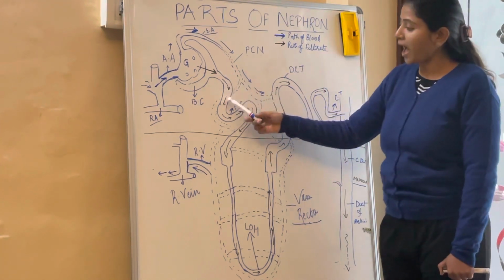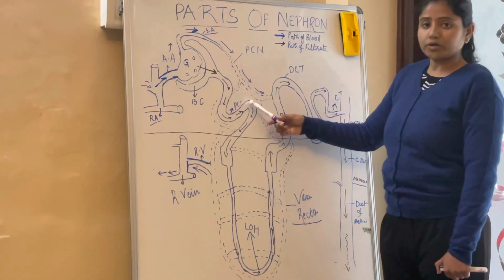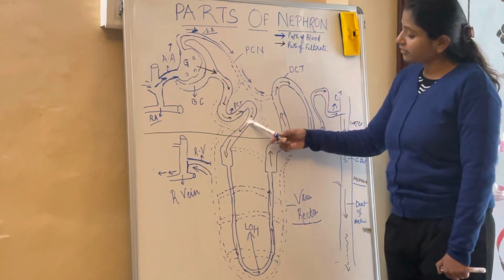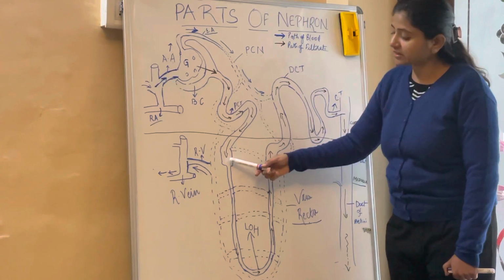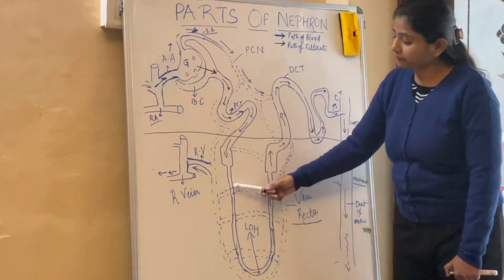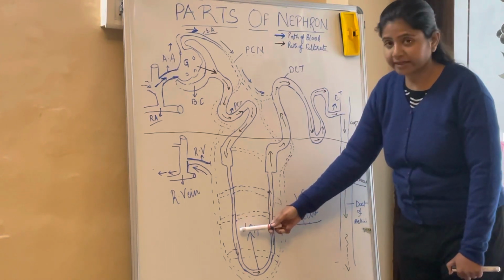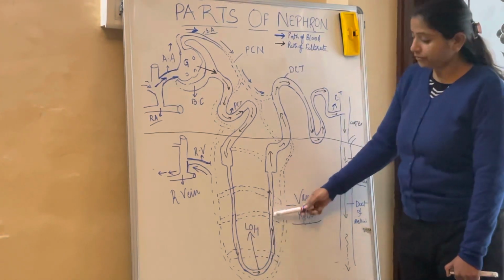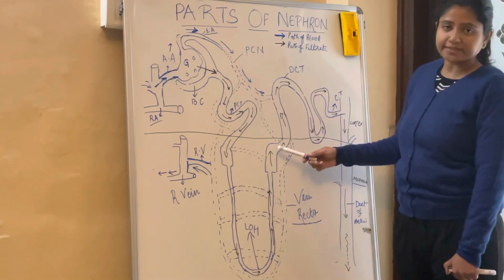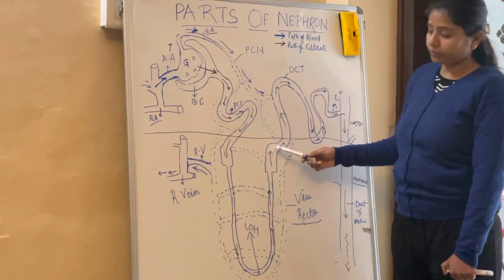These black arrows you can see are the pathway of filtrate, right? Then the filtrate goes down to the thick segment of the descending limb, and then we have the thin segment of the descending limb. This is the loop of Henle, the thin segment of the ascending limb, and then the thick segment of the ascending limb of the loop of Henle.